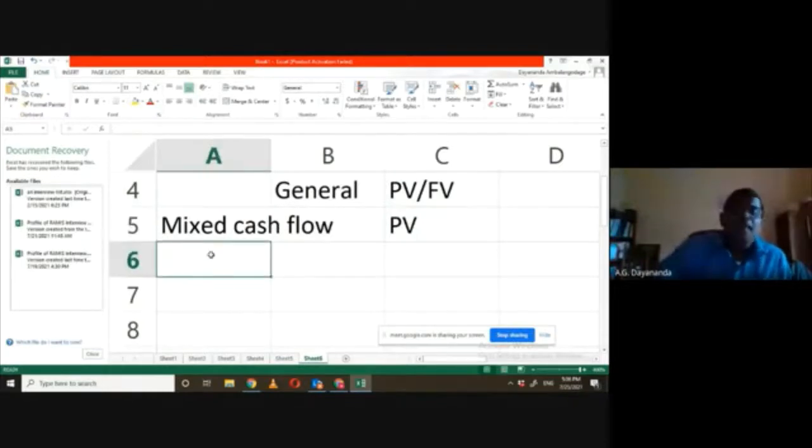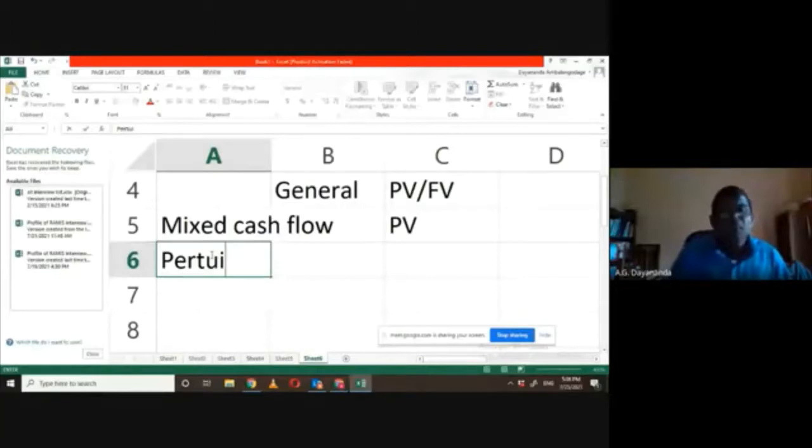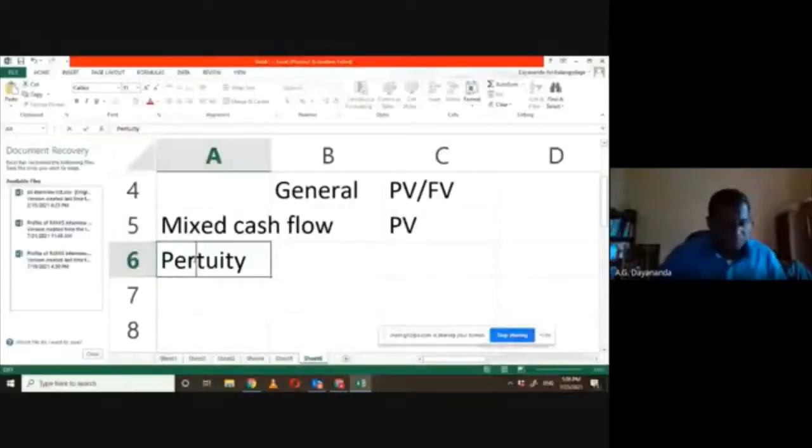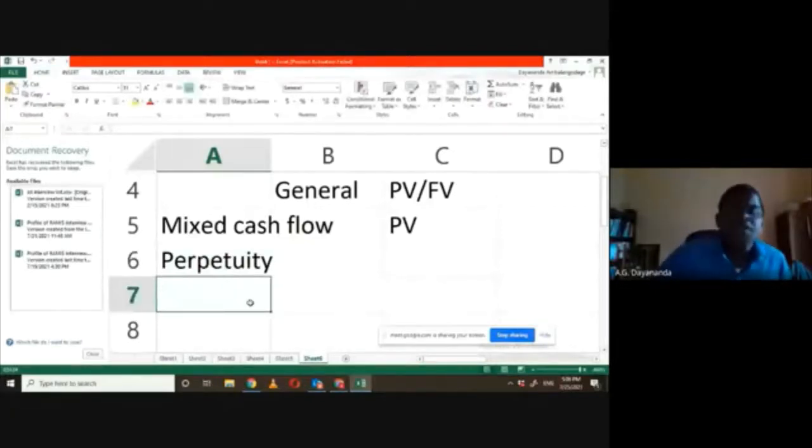Now what I am going to do is start introducing perpetuity. Perpetuity. What is perpetuity?